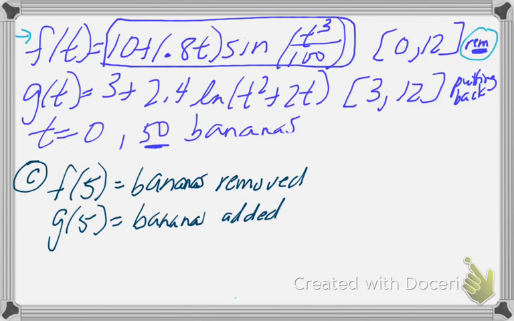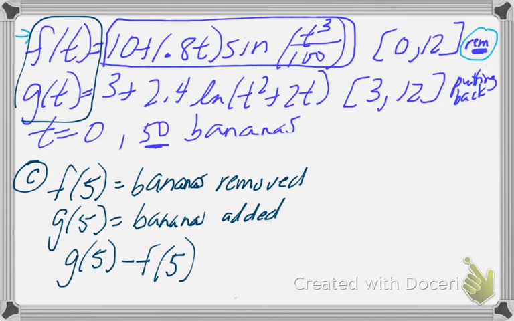Okay, let's see what we have here. We're going to do the bananas added minus the bananas that are being removed, and see if we have a positive or negative number. You just use your functions up here, put 5 into each, and you should get negative 2.263.